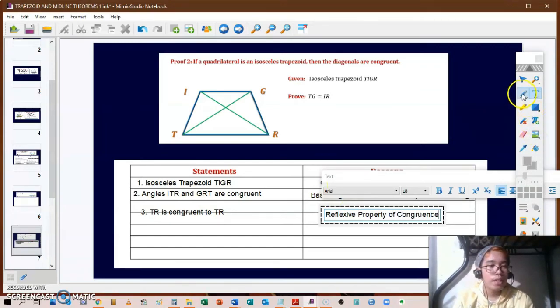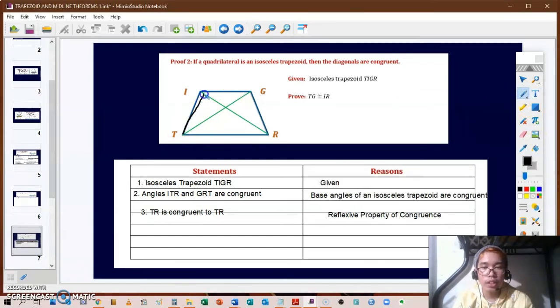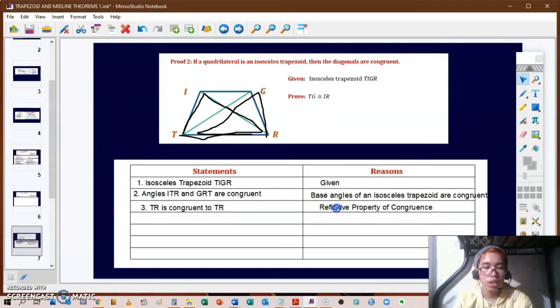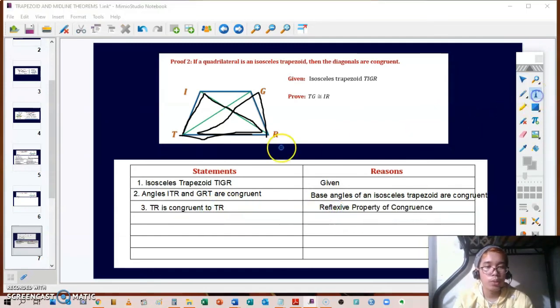So the plan is, guys, we want to prove that this triangle TIR is congruent to this triangle RGT. So we've seen that TR is congruent to TR and ITR is congruent to GRT using the properties of an isosceles trapezoid and the reflexive property of congruence.